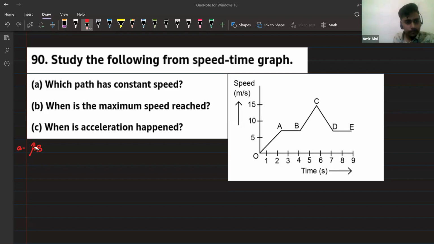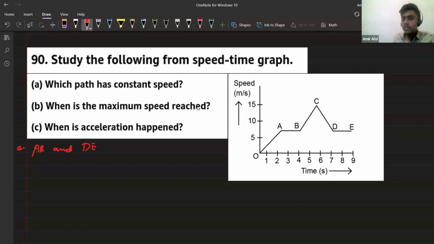Okay. So AB and DE are the paths in which the car has gone through the constant speed. When is the maximum speed reached?